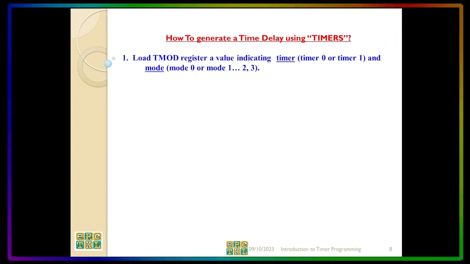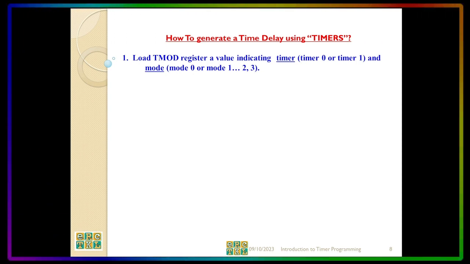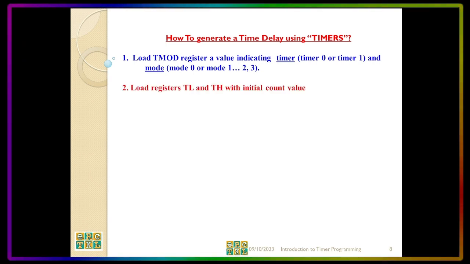Now, this is the summary of how to generate a time delay using timers. First, we load the TMOD register with a value telling us which timer, timer 0 or timer 1, we want to use, and we also need to put there what mode we will be using: mode 0, mode 1, mode 2, or mode 3.